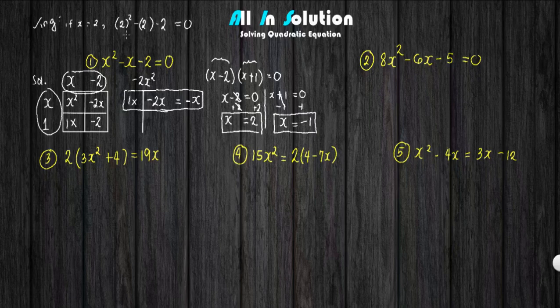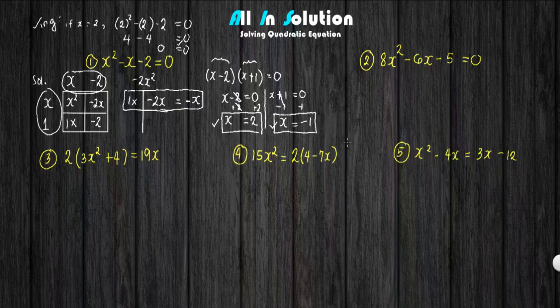Now 2 squared is 4, and negative 2 minus 2, that is negative 4, equals 0. And yes, it is equal nga sa 0 ang ating first solution. So that is our first example.